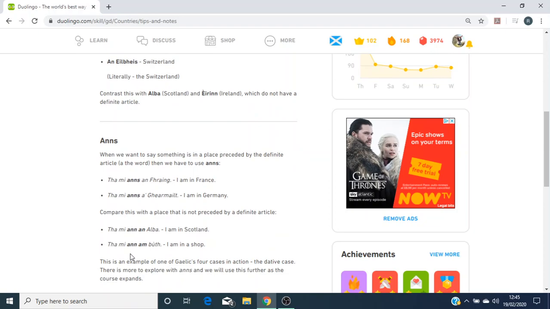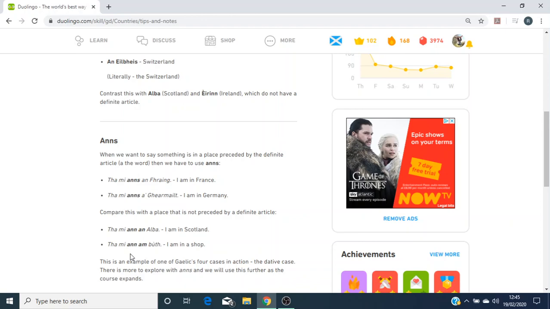So whenever we want to say something is in a place preceded by the definite article, then we have to use ounce. This is, remember, when we use the word in, it's ounce, or oun, depending on what, like in a cupboard, ounce press.